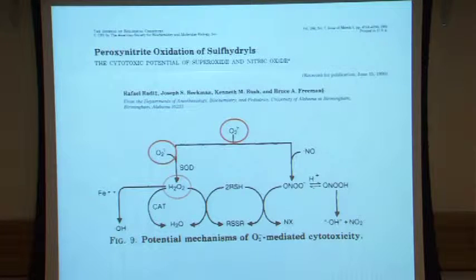So I'll show you a little bit about a paper that we published quite a long time ago, but brought a new oxidant at the time to the arena of oxidation, which is the reaction product of superoxide reacting with nitric oxide, leading to the formation of peroxynitrite and peroxynitrous acid.